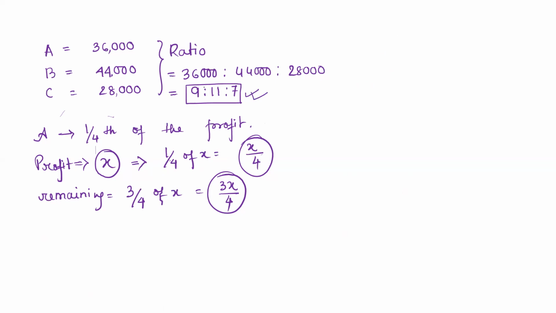Now, this is Aman's share. So Aman should get 9/27 of 3x by 4. 9/27 comes from 9 plus 11 plus 7.